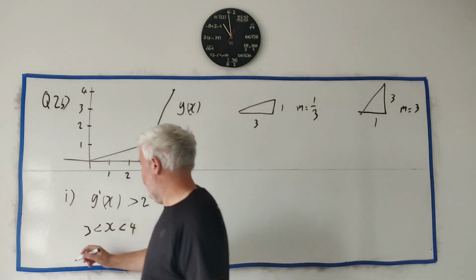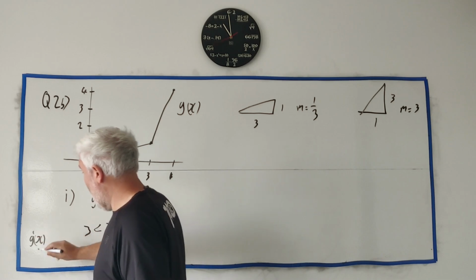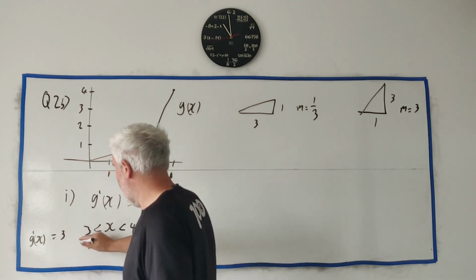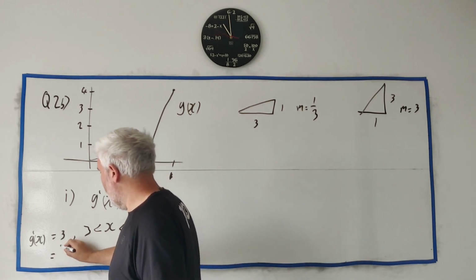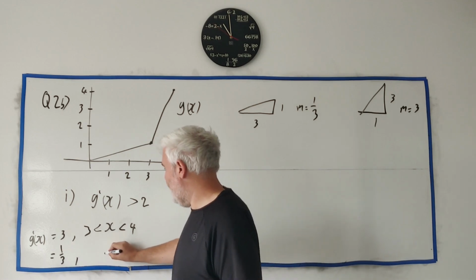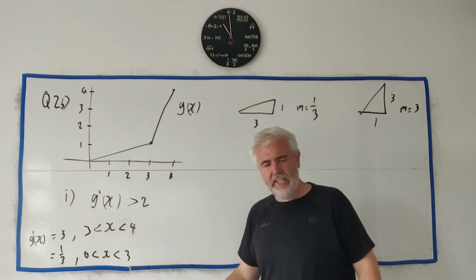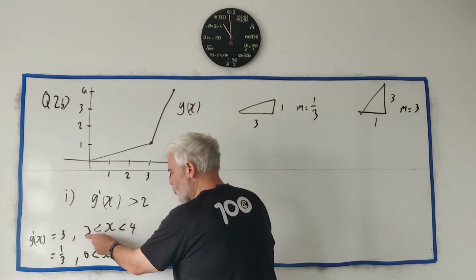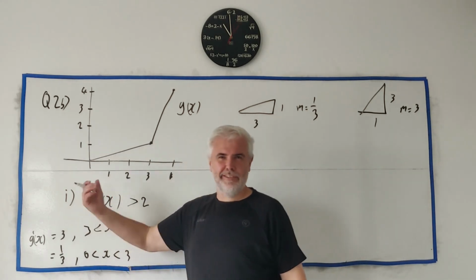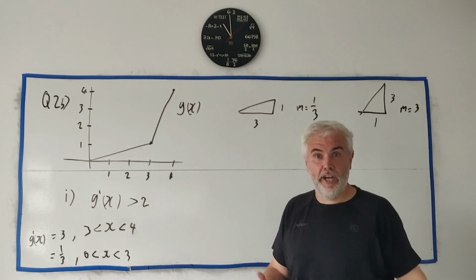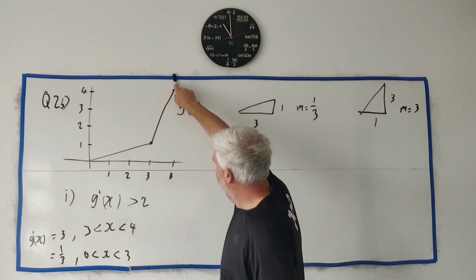Let me write it like this: the derivative is equal to 3 in this world, and it's equal to 1/3 when x is bigger than 0 and less than 3. An interesting question here is, what happens when it equals 3, or when it equals 4, or when it equals 0? Because it's just a picture we have, it's undefined, we don't know. You can't have a tangent around this curve or around this point, like what could it be?